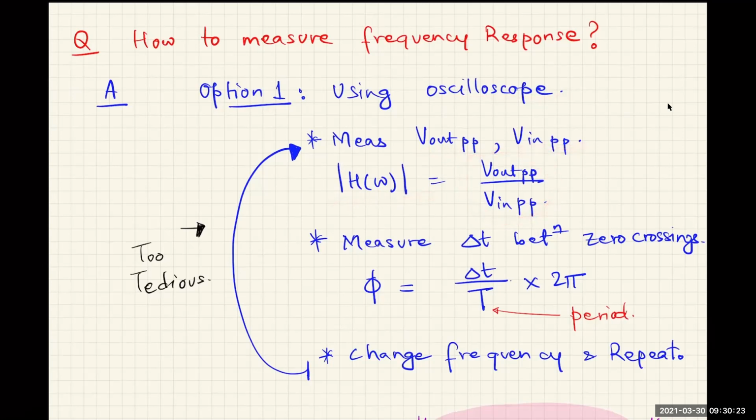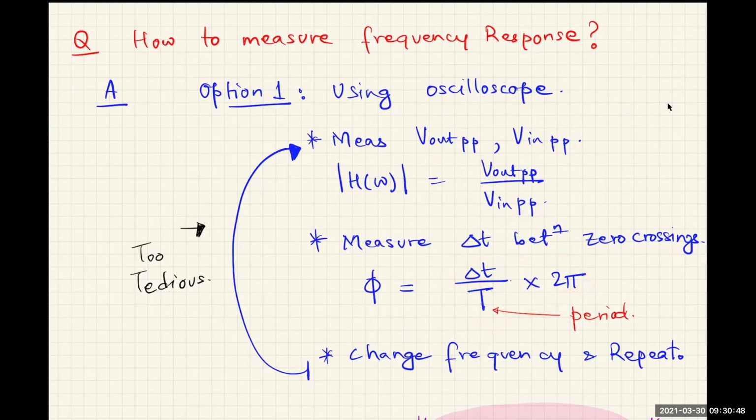And in order to get the phase difference between the two signals, you need to measure the time delay between the zero crossings, and the ratio of the time delay to the period times 2 pi will give you the total phase difference.